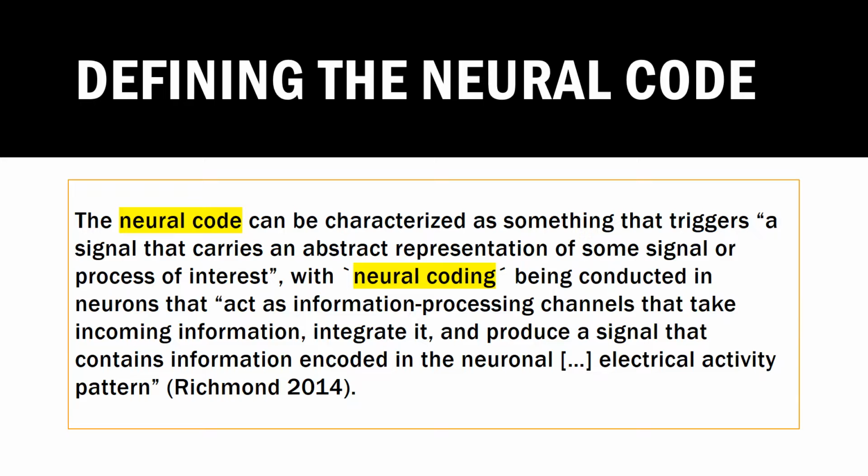But the claim really, if you say that there is a neural code, is that there's some kind of automated or fixed process that makes one signal trigger another one in a maybe automated fashion.